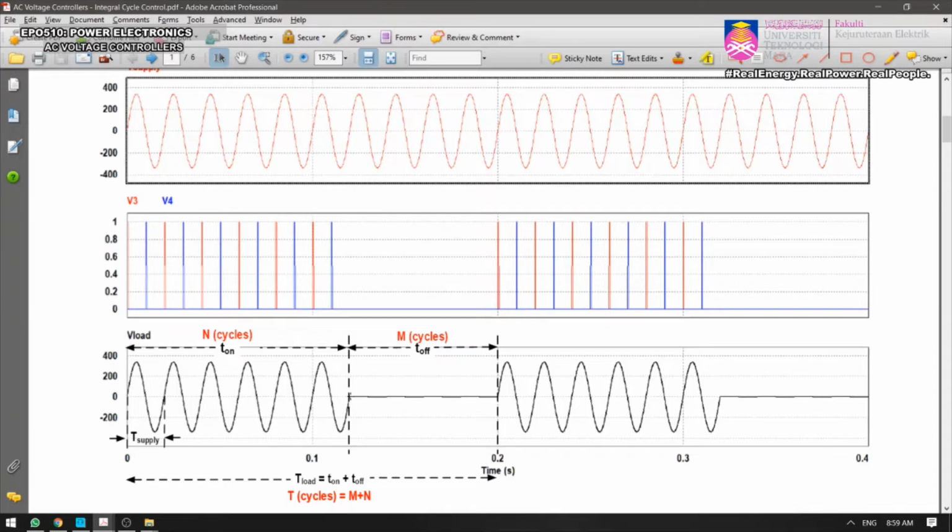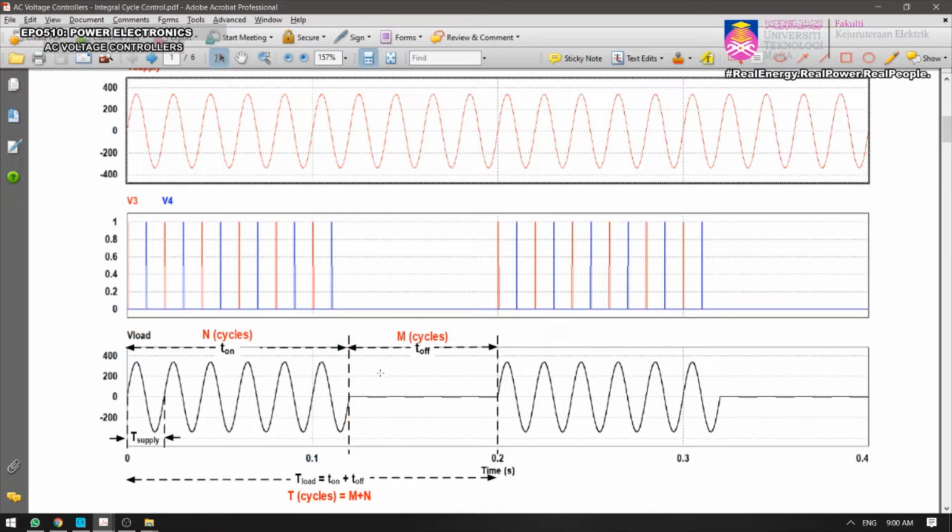So you turn on thyristor 1 and thyristor 2 such that the output sees 6 cycles of voltage. For the other 4 cycles, the two thyristors will be off, and therefore the output sees only the 0 level.